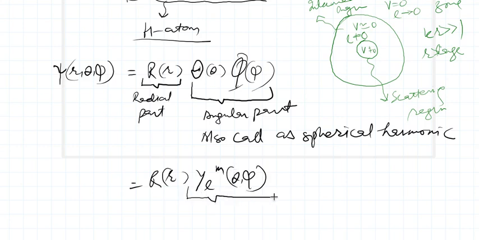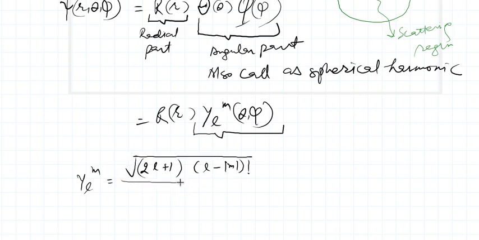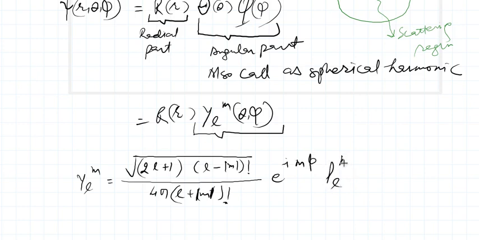And we know from the solution of the hydrogen problem its value, which can be written as YLM equals the square root of (2L plus 1) times (L minus mod of M) factorial, divided by 4 pi times (L plus mod of m) factorial, and e raised to the power i m phi, these are the standard results from the problem of the hydrogen atom, and P_L^m of cos theta, which depends on theta.